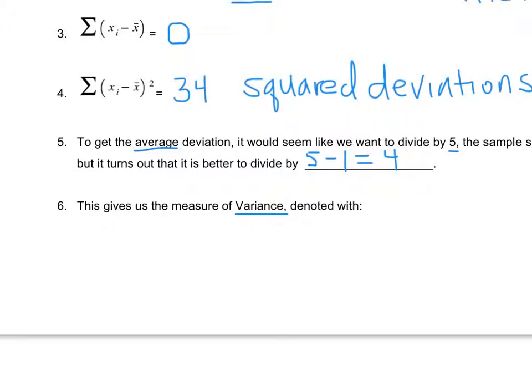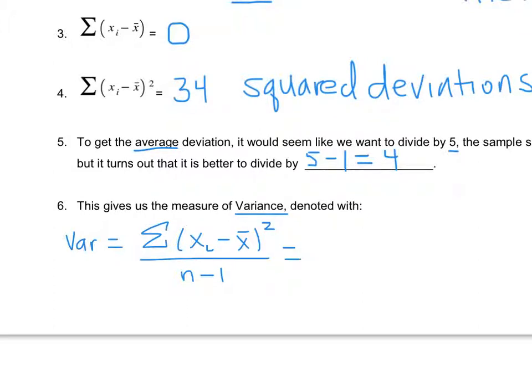So variance, and I'm going to abbreviate with VAR here, equals, just to get us caught up to speed with where we're at, if we add up those squared deviations and divide that by the sample size minus 1, that's our variance.